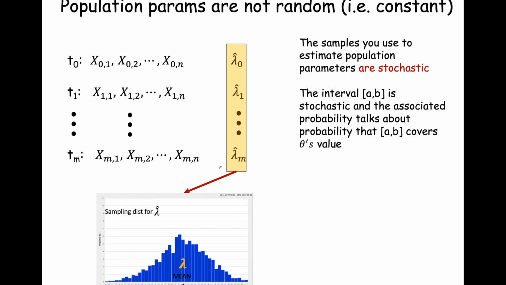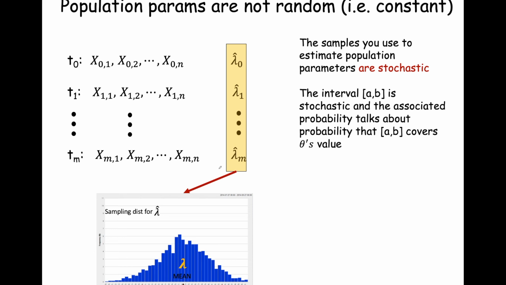And population parameters are not random, right? Population parameters, they're constant. They remain the same. Because the samples we get from this population distribution governed by that population parameter change, we know that the population parameter estimates, the lambda hats, are stochastic. And so the interval AB is stochastic. And if it's stochastic, we need to talk about a probability of coverage because we don't really know what the ground truth is.